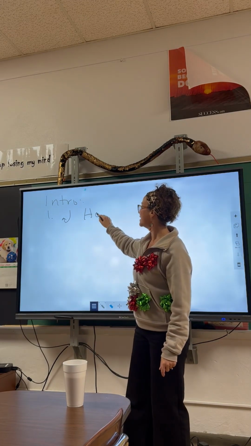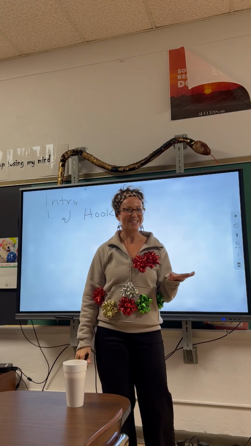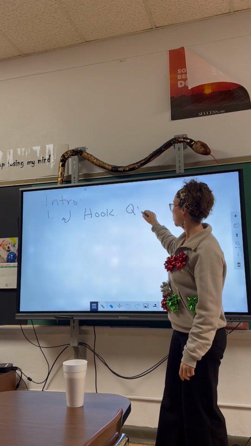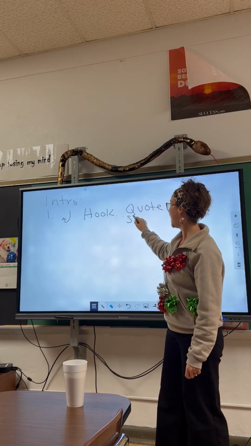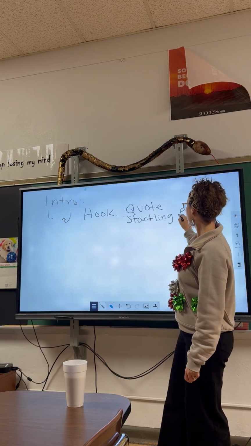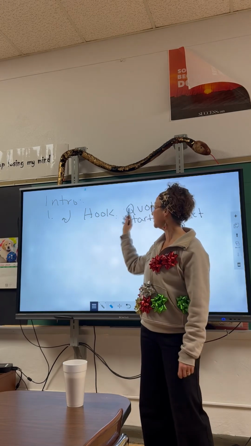So there are ways in which you can hook your reader, and there are ways that we are no longer doing in 7th grade. Appropriate hooks can be a quote, a startling fact. So you might have a really neat fact about adolescence. You might have a really cool quote about being a teenager.